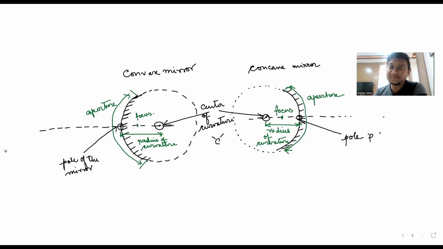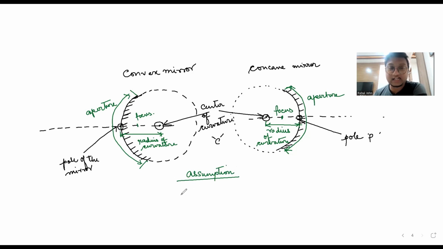And always remember, just like we had two laws of reflection, we have a particular assumption when we talk about spherical mirrors.